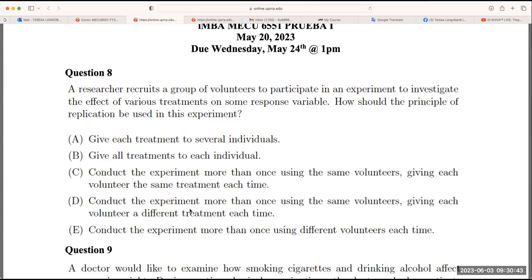Well, who picked A? Who else picked A? Marcos picked A. Yeah, we do not conduct the experiment more than once. We just conduct the experiment once. Different volunteers each time. Conduct the experiment more than once using the same volunteers. We definitely don't conduct the experiment more than once using the same volunteers. You're not going to have them stay in the experiment twice.